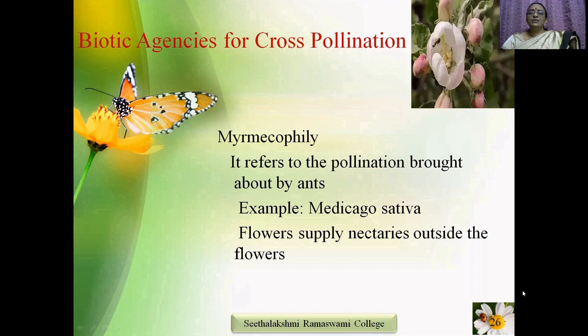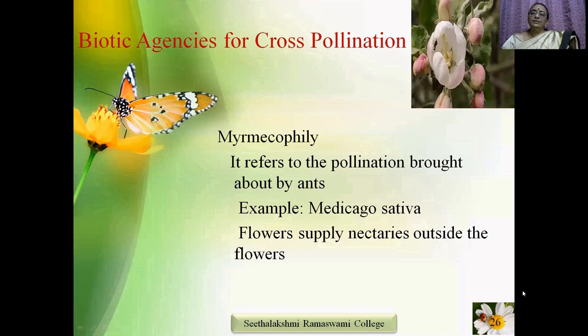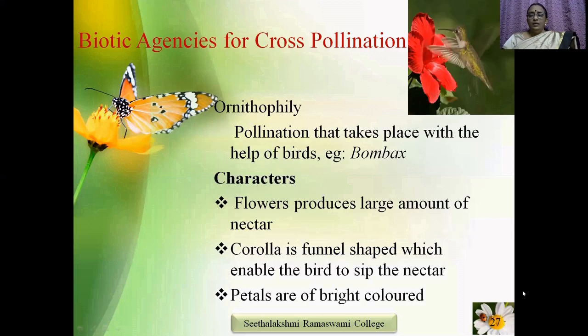Ants are most likely to take nectar without effectively cross-pollinating the flowers. Sometimes flowers supply nectaries outside the flowers to attract ants that keep other insects from stealing the nectar. It will force them to enter into the flower in a way that is more conducive to pollination.